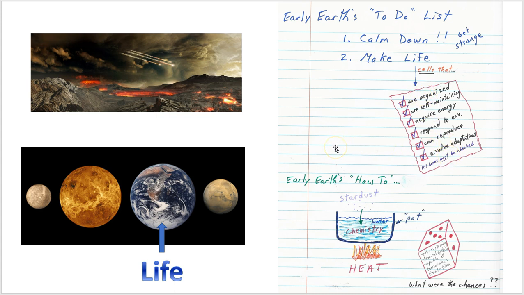Now, how is it happening? Well, in our movie, One Strange Rock, we sort of saw the simple idea here that what you need, you got to have some stardust, and these would be atoms like carbon and oxygen and nitrogen formed inside stars and their explosions. You got to have it in water. Water is a great solvent. It allows a lot of things to dissolve in it so they can interact. So we've got chemistry going on in the water.